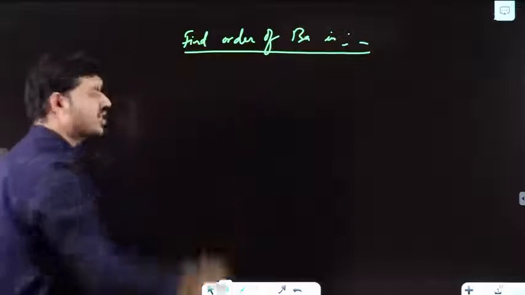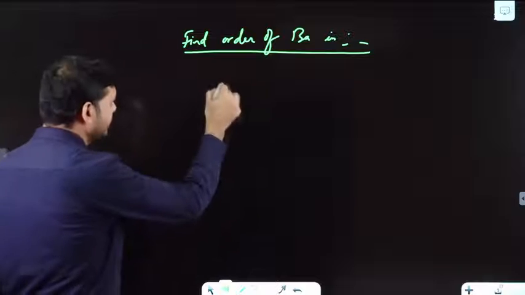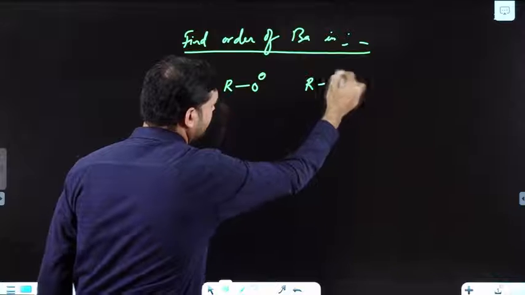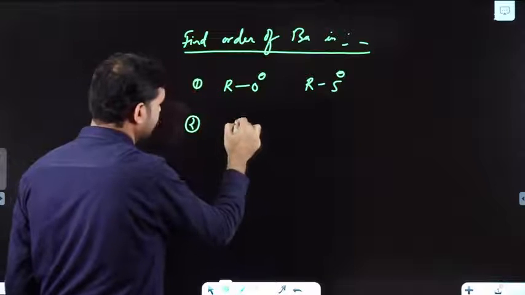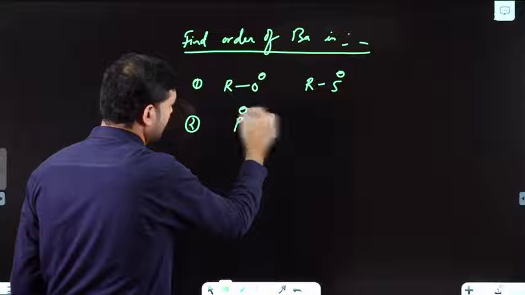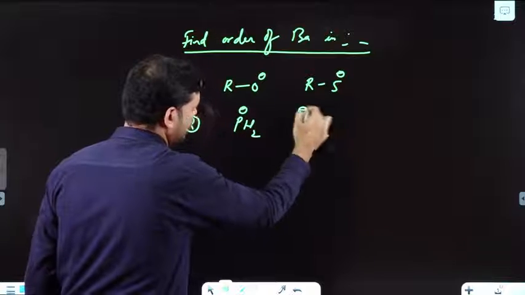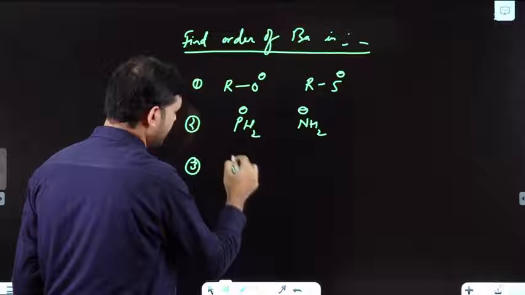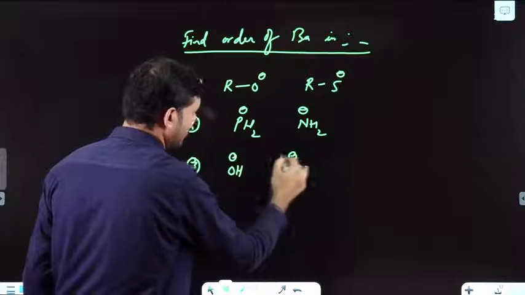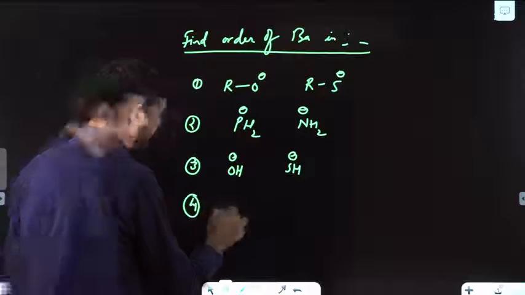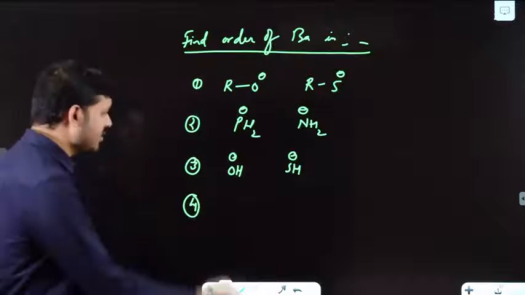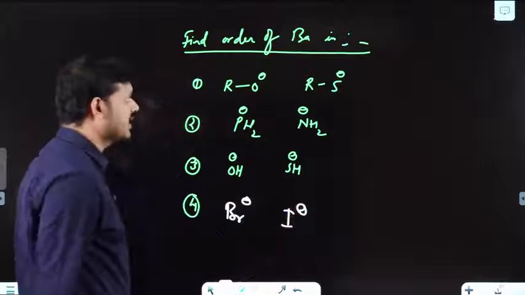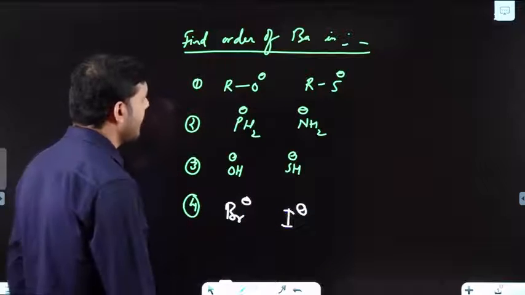Now in the given questions you have to find out the basicity order. In these cases you have to find out, say, the Br minus and I minus basicity order. Then what will happen?